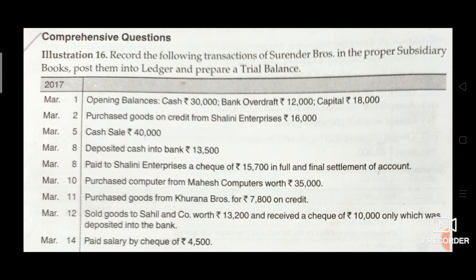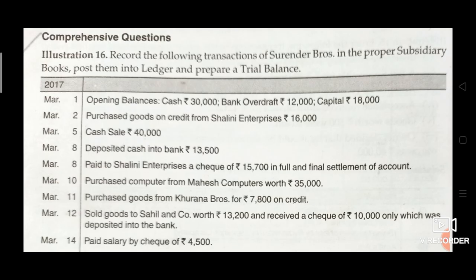So it will be recorded in sales book. Okay. Now 14th March. Paid salary by check rupees 4,500. It is to be recorded in cash book. 15th March. Paid for repairs and renovations of showroom rupees 7,800 in cash book.